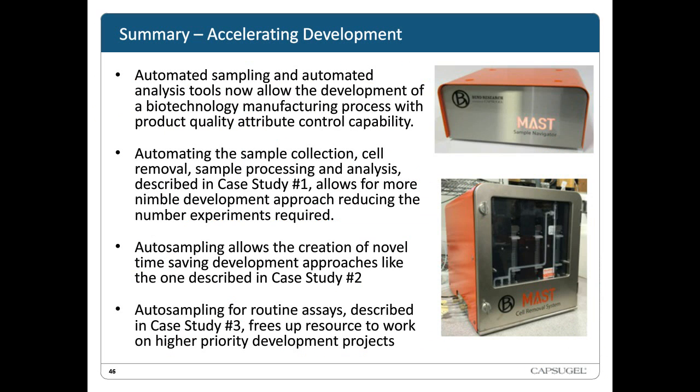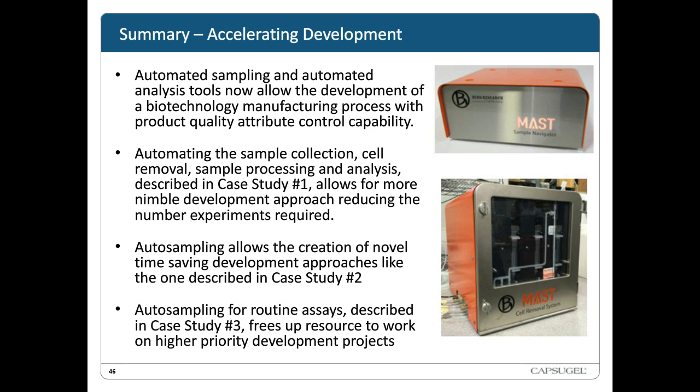So in summary, we really focused on accelerating development, and now automated sampling and automated analysis tools allow the development of a biotechnology manufacturing process with true product quality attribute control capability. This is something that just over the last few years has changed pretty significantly in our industry. And what this allows is you to think differently about how you do your development.